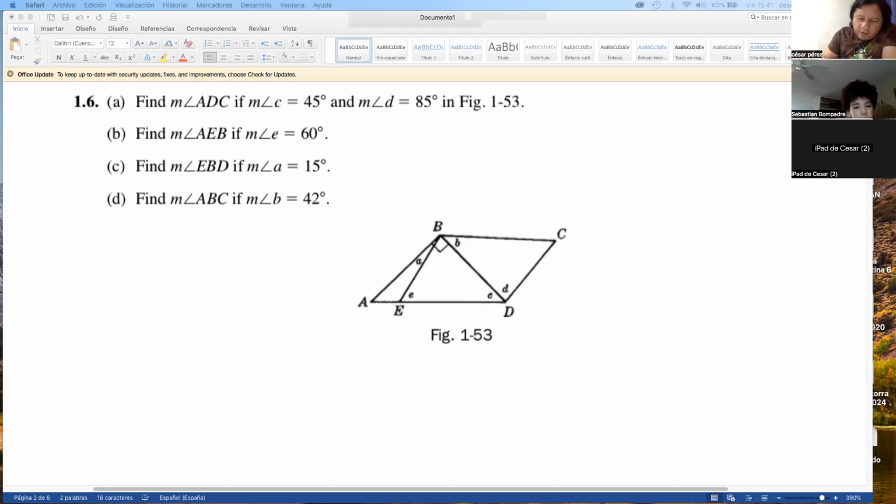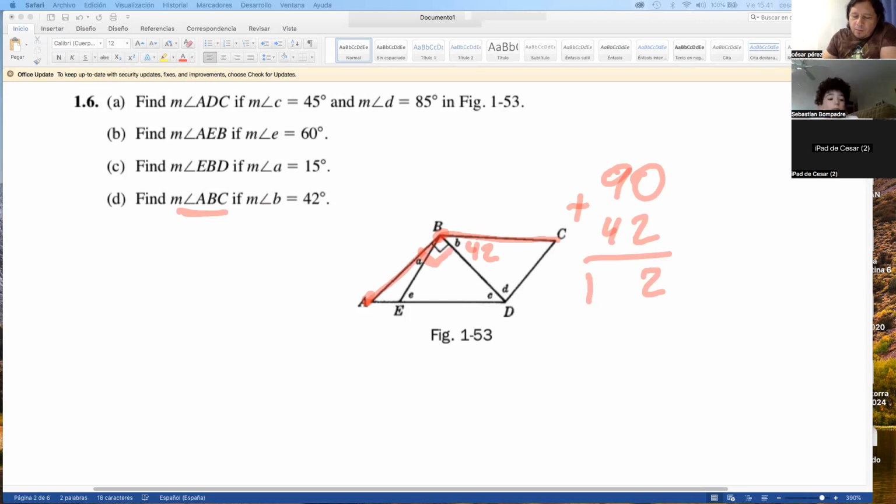Okay, we have here a right angle, and it's asking ABC. Angle B is 42. We will add 19 plus 42. 132. Okay, that's it.